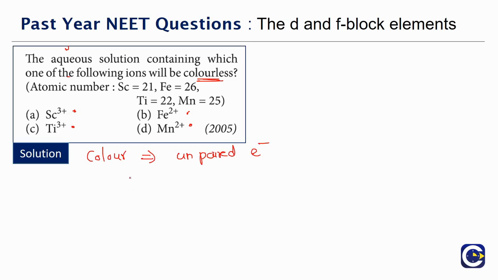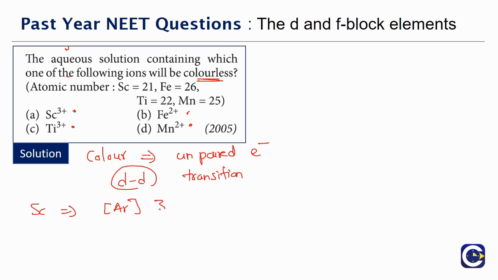The unpaired electrons can have transitions like d to d transition, which gives them the characteristic color because of the energy exchange involved. Now what we need to do is look at the electronic arrangement of these ions and check which will have no unpaired electrons. See, first what is there? Scandium is there. Scandium, what is the arrangement?